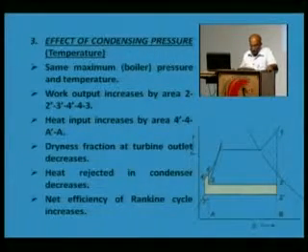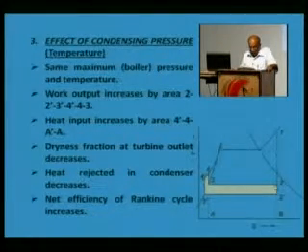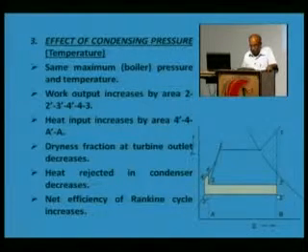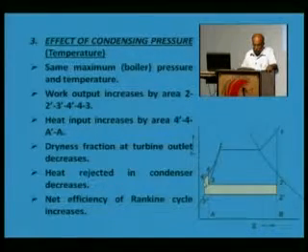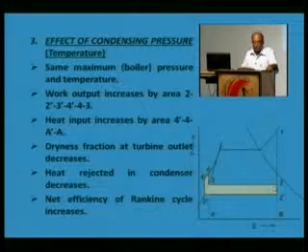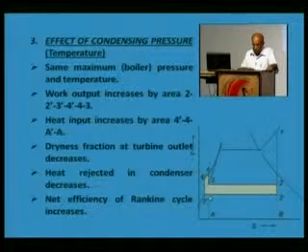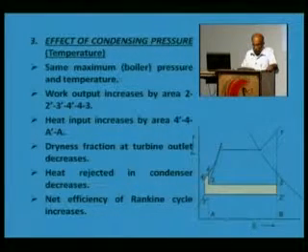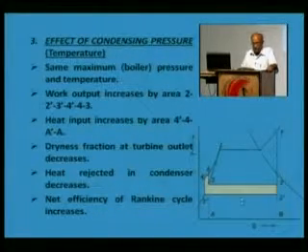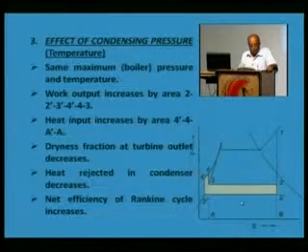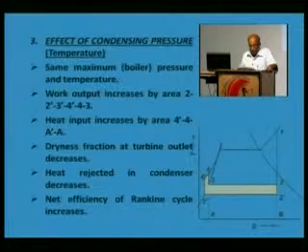It has been shown that keeping the inlet pressure and temperature constant, the condenser pressure is reduced from 2 to 2 dash, and we find that this hatched area is the extra work that is available in the turbine, and that shows that the total work output of the turbine increases, the total loss of heat decreases by this area, and therefore, if the condenser temperature of the steam is reduced, the efficiency of the Rankine cycle would increase.